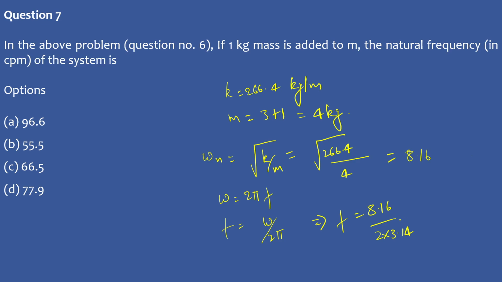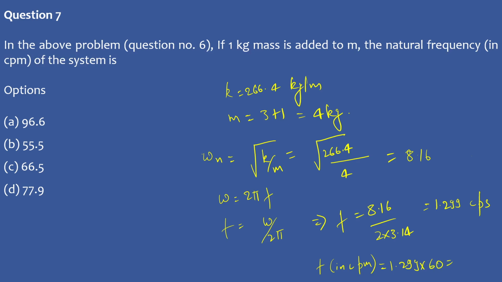Okay, it has been asking in CPM, so we need to multiply it by 60. 8.16 divided by 2 into 3.14 is 1.299. That is basically your cycles per second, and for cycles per minute in CPM it's 1.299 into 60.